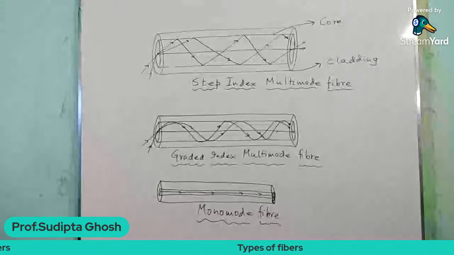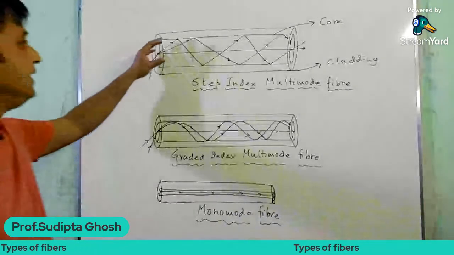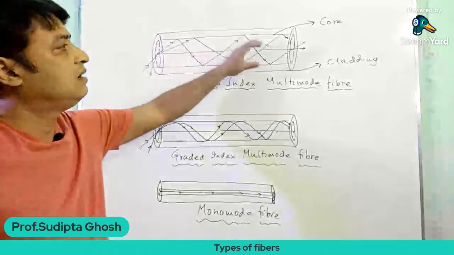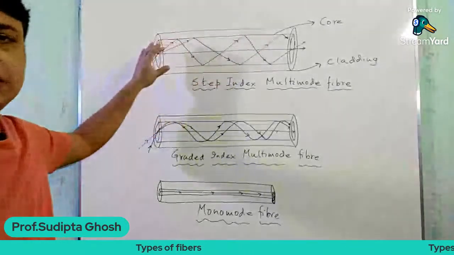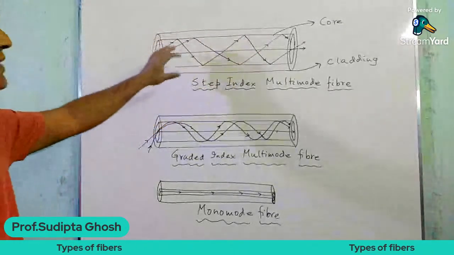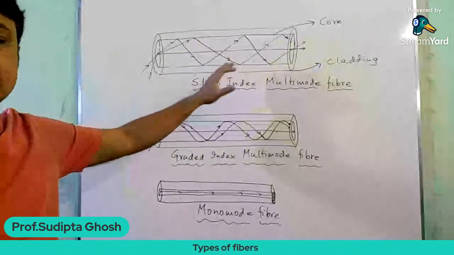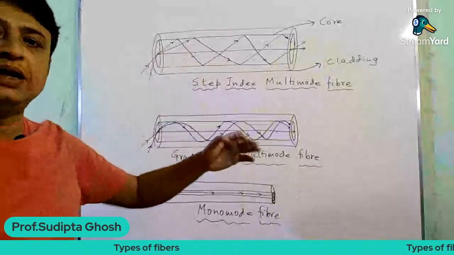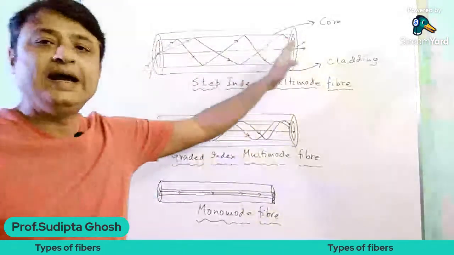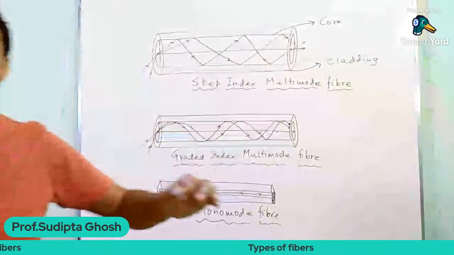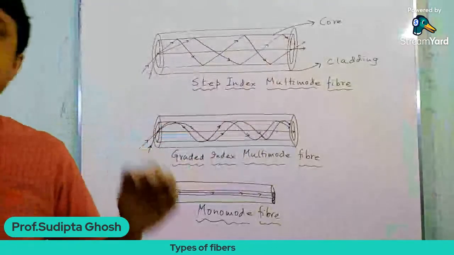Now the rays traveling along the core of the fiber actually take different paths.